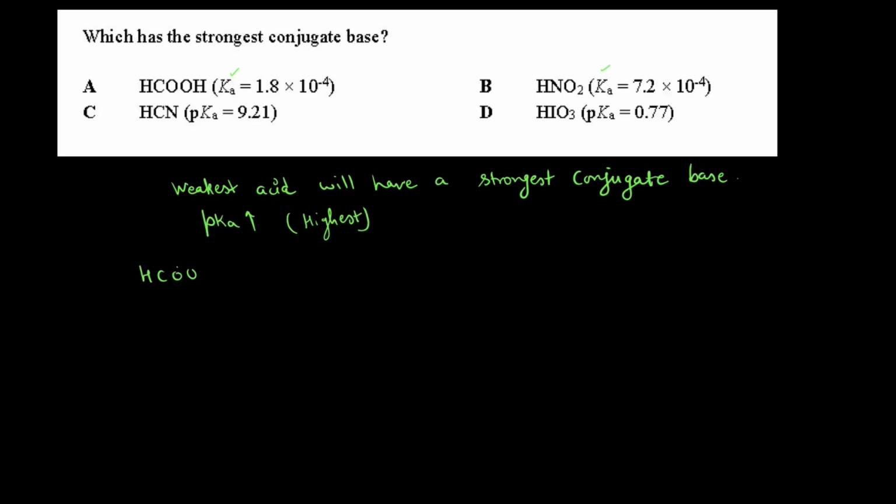For HCOOH, pKa will be minus log to the base 10 of the Ka value. So this will come out to be 3.74.